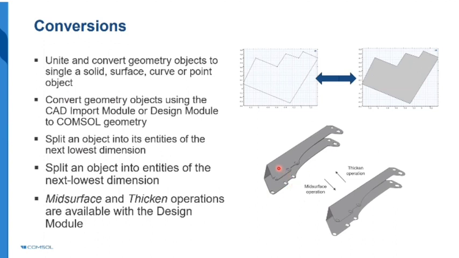In that case you can directly use this mid surface operation and convert the geometry which has finite thickness into a shell type of object. Or if you have a shell type of object, you can thicken that object. I will just show you quickly how you can do it.